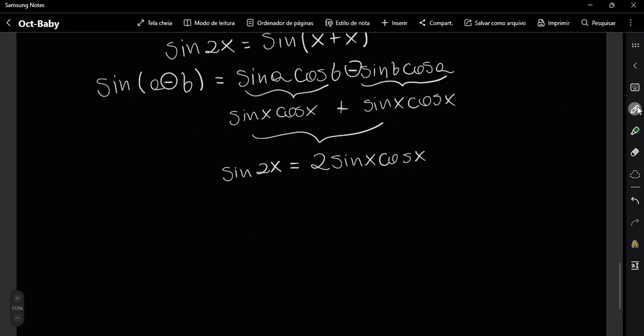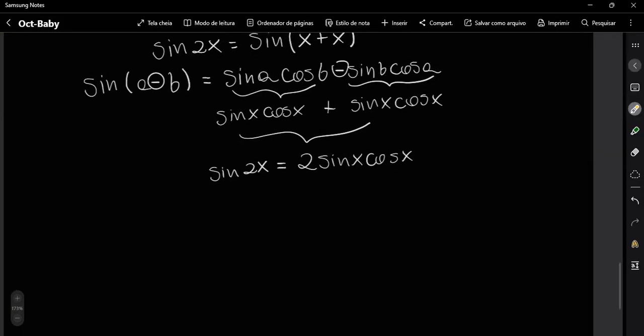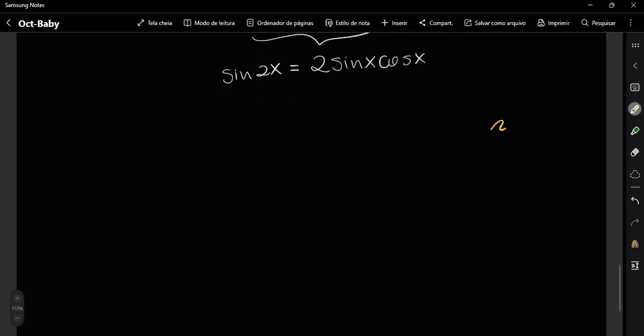Okay, so let's solve one more example. Now the example 4.